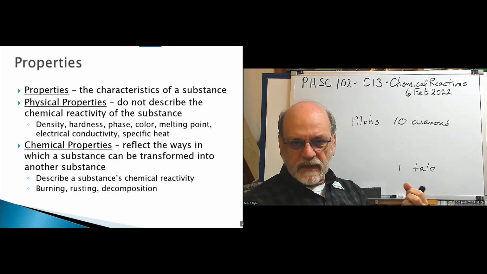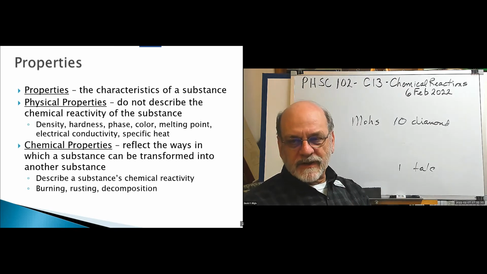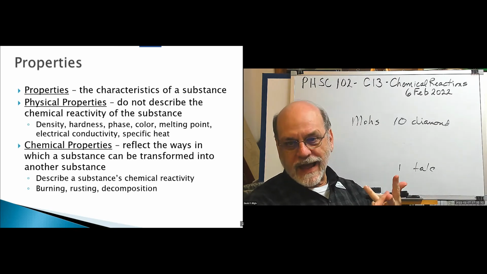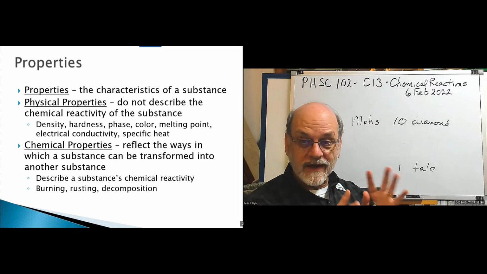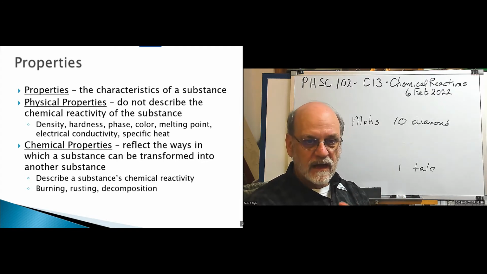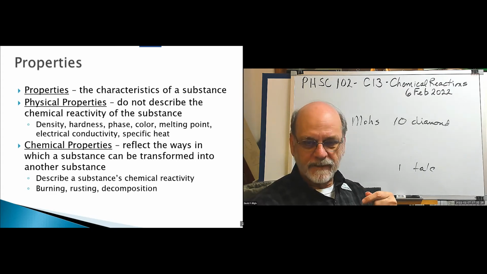Okay, that's hardness. What do we mean by phase? Well, put simply, phase is either solid, liquid, or gas. And we know how to characterize each one of those. Color can be a physical property. Melting point, right? Pure water melts at 0 degrees Celsius. Electrical conductivity.